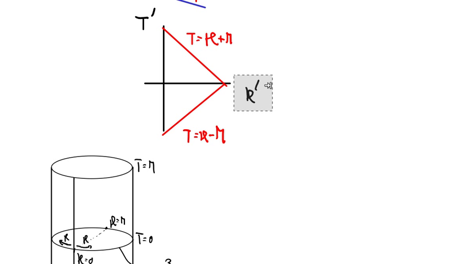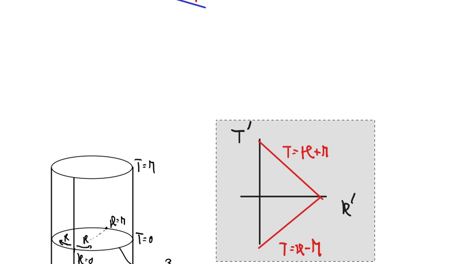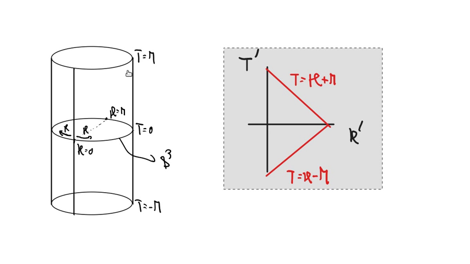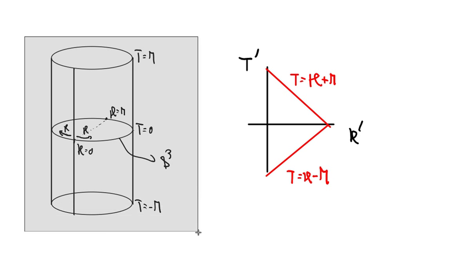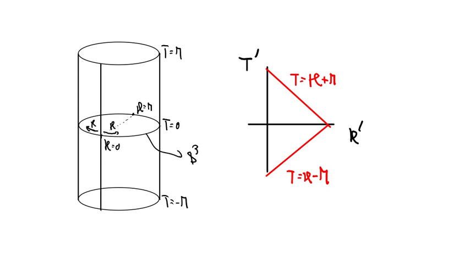So I'm just going to take this picture and put it together with the other picture. Okay, and so we have now both pictures together. And maybe I should just rewrite here the metric of the Einstein static universe.